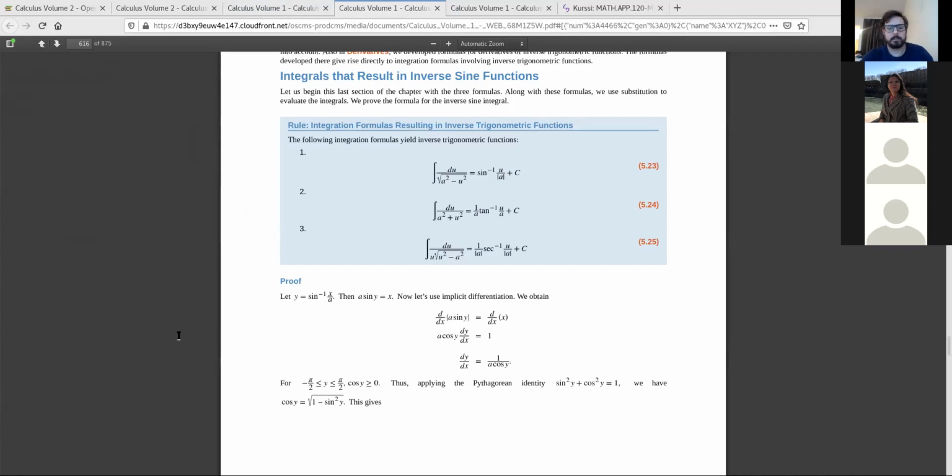If you take f of x to be the sinus of x, then the arcus sinus of x is the inverse of that. And if you find the derivative of it, remember that there was the derivative of the inverse.